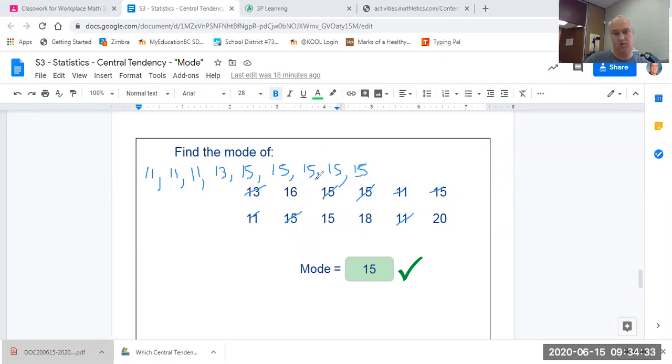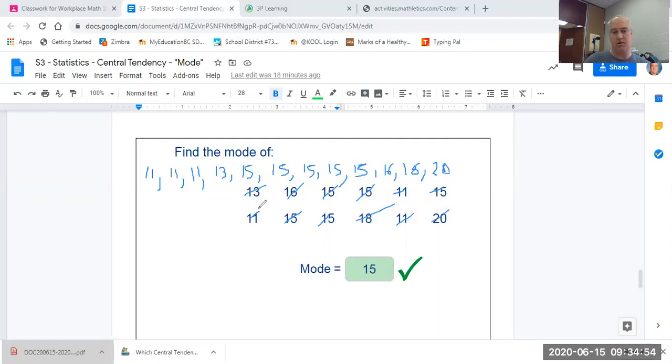So I have 5 15s, and then I have a 16, I have an 18, and I have a 20. That was really badly written, 20.